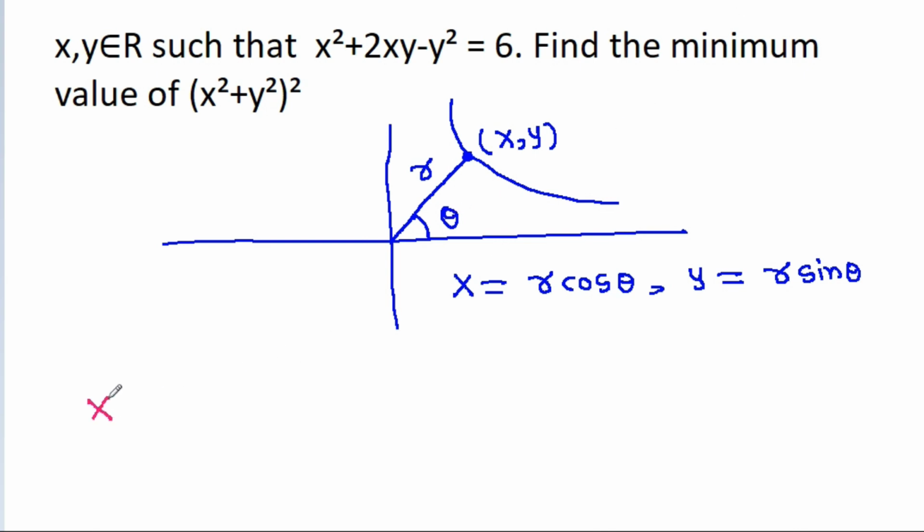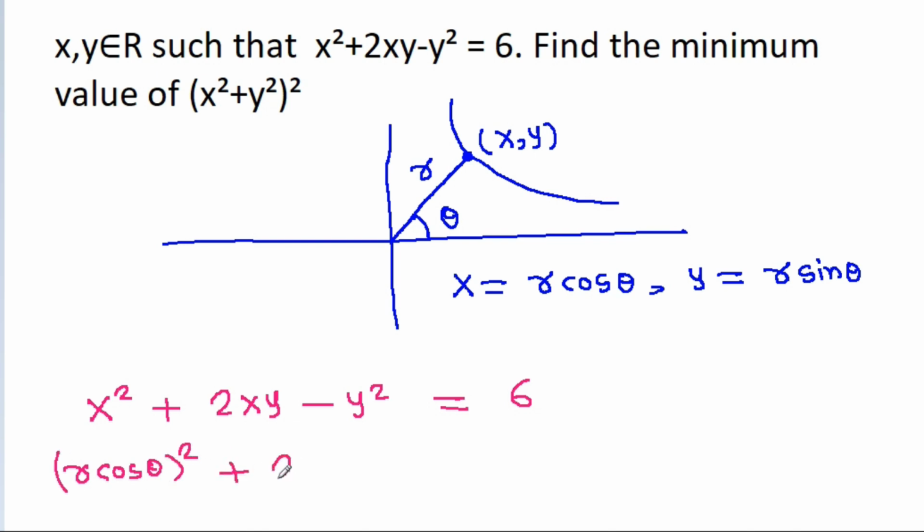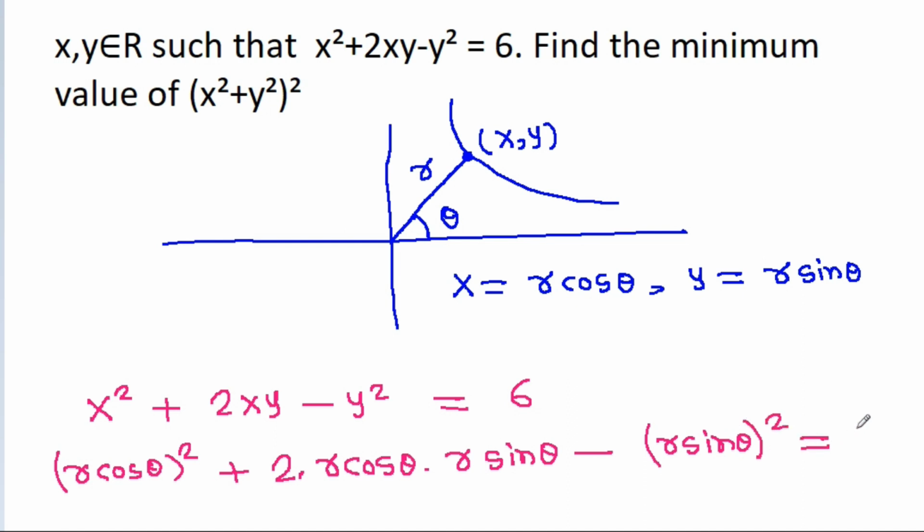And we have x squared plus 2xy minus y squared is equal to 6, and x can be written as (r cos theta) squared plus 2 times, and x is r cos theta and y is r sin theta, minus y, which is (r sin theta) squared, is equal to 6.